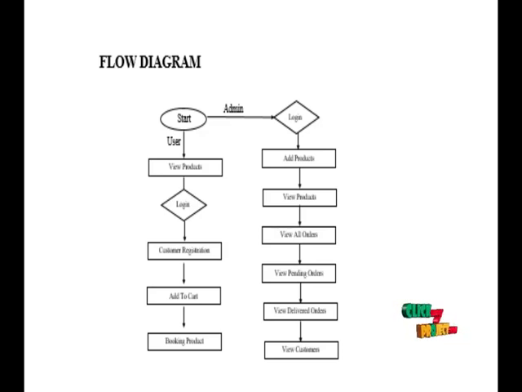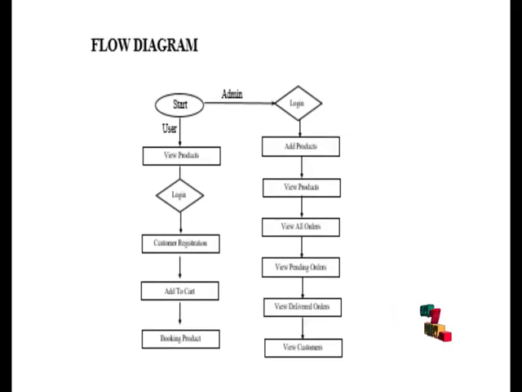Next, view all orders, the page where the admin can view all the orders of the customers. Next, pending products, the page where the admin can update the pending products on the dashboard. Delivery products, where the admin can deliver the products to the customers. And the page where the admin can view the customers list.